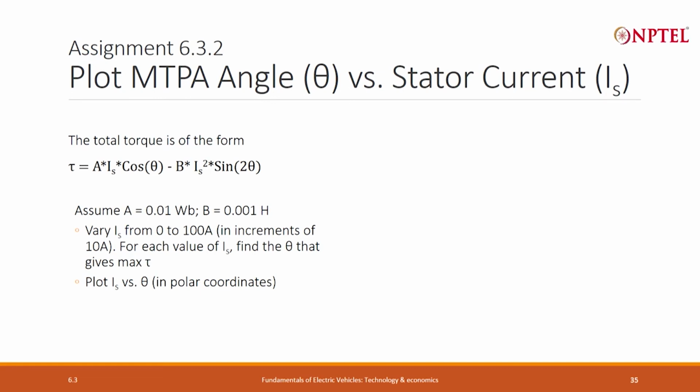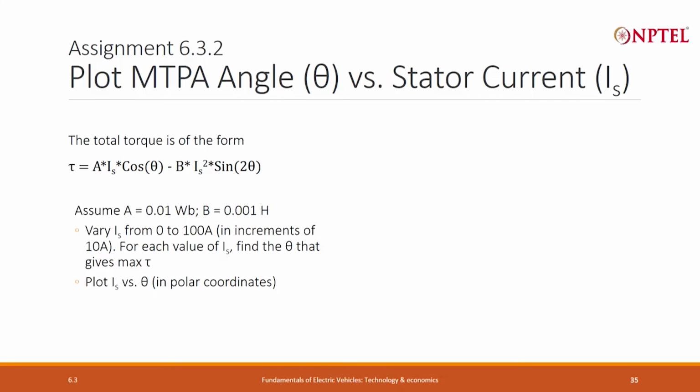You remember that A is actually the xi of the magnet, so it is expressed in Weber, and B is the difference in inductance LD minus LQ. Its units will be Henry, and the value of B is 0.001 Henry. This is the sample of a motor that we have got.